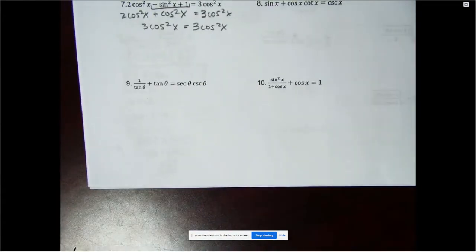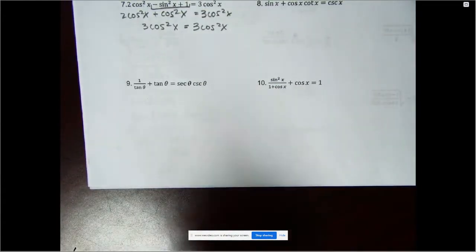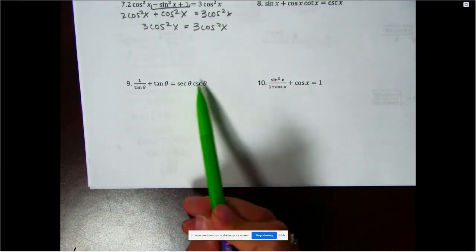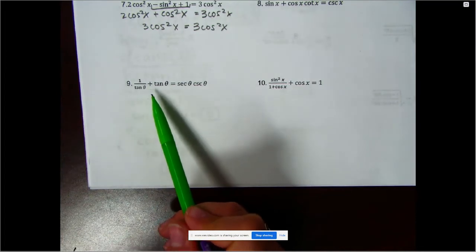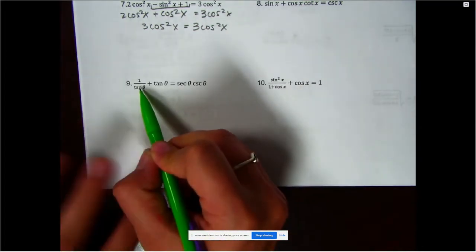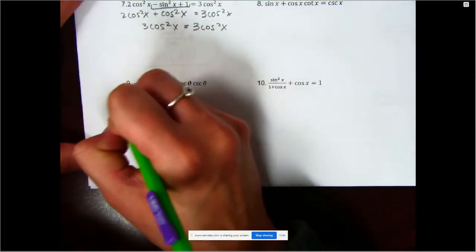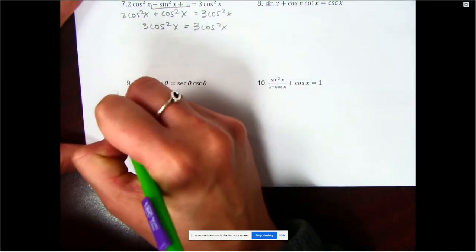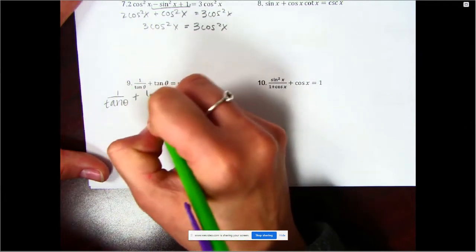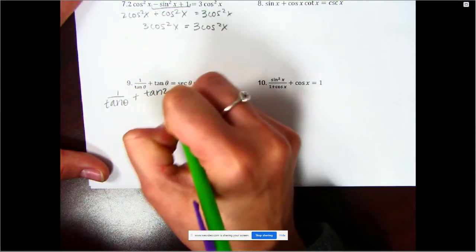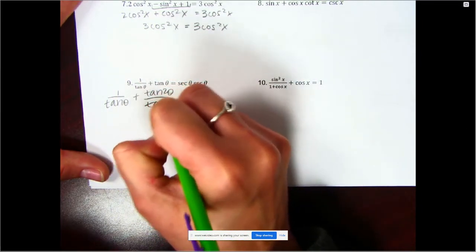So I have 1 over tangent plus tangent. So I know my right side is one term, so I'm going to have to add these. So we are going to have to make a common denominator. I already have a denominator of tangent, so let's leave that one. And if I want this denominator to be tangent, it'll be tangent squared over tangent.